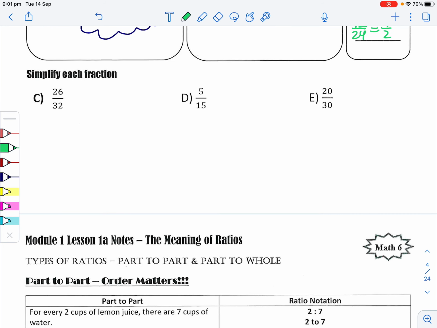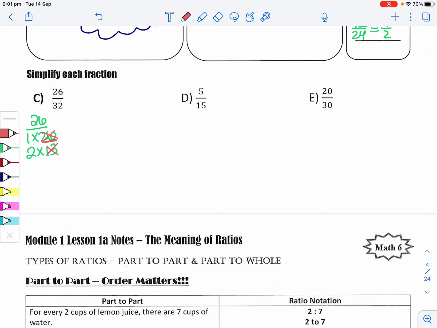Okay, in my next example, I'm going to start with 26. 1 times 26, 2 times 13. So I start with 26. 26 does not go into 32. They're too close together. So I know that doesn't work. 13 does not go into 32 because it's 13, 26, then 39.